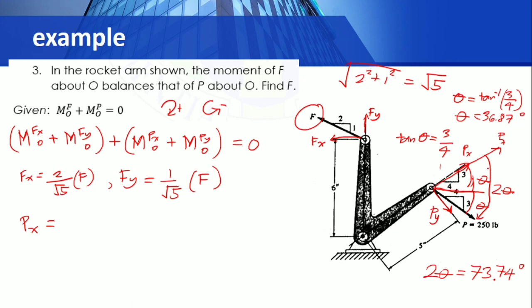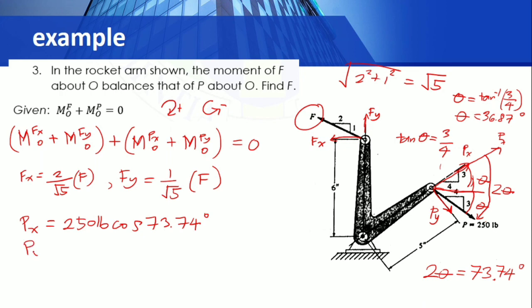Okay? So, px, so sabi natin kapag px, that will be cosine. Okay? That will be cosine sa pag x-axis, ano? So, that will be yung value ng P natin, that is 250 pounds cosine 73.74 degrees.